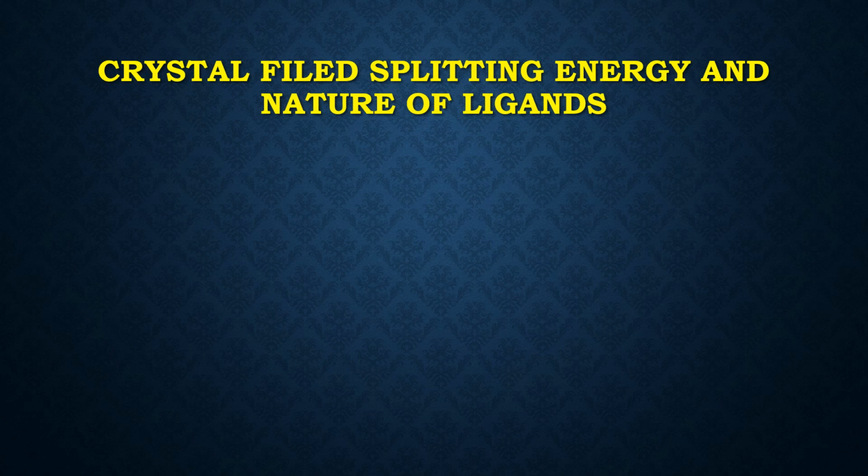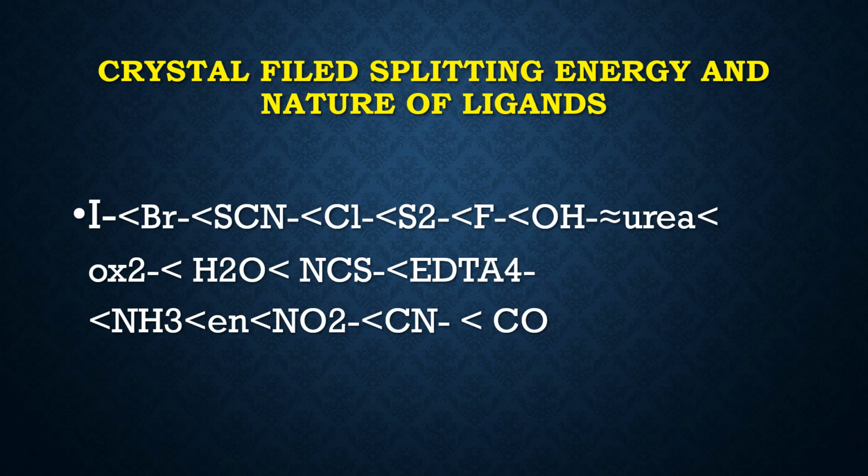It depends upon the electron donation of the ligand, and the splitting will occur accordingly. So now I'm going to explain the sequential arrangement of ligands. This is the strongest field ligand, this is the weakest field ligand, and this is the neutral field ligand. Three types of ligand field are there: strong, weak and neutral.